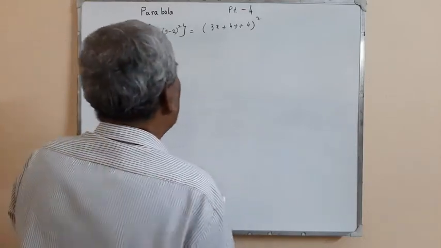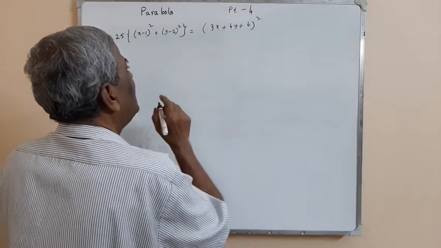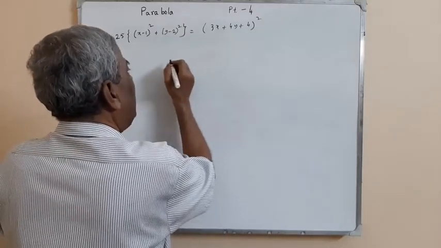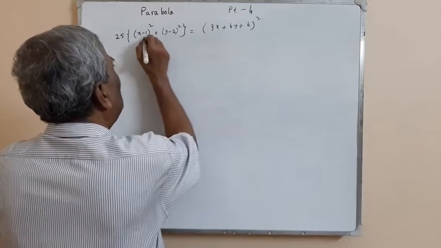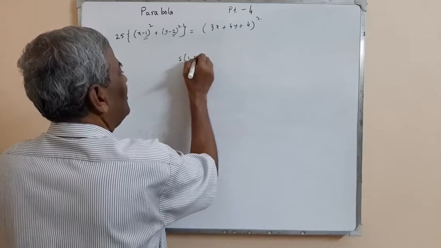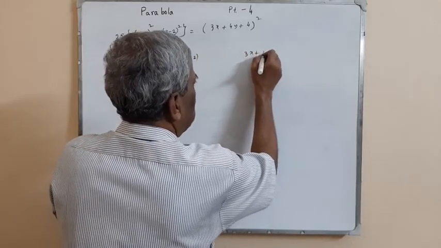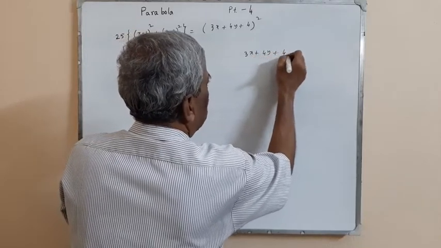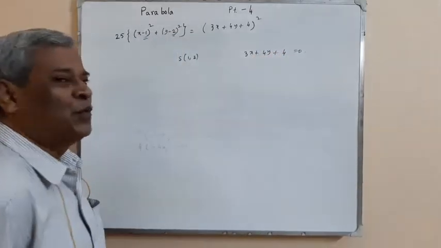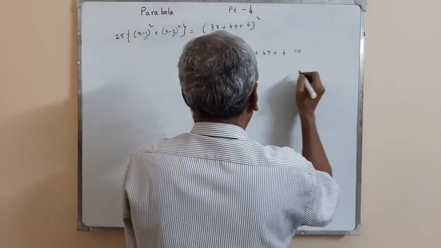If the focus of a parabola is at (1, 2), and the equation of the directrix is 3x plus 4y plus 4 equals 0, then what is the equation of the parabola?